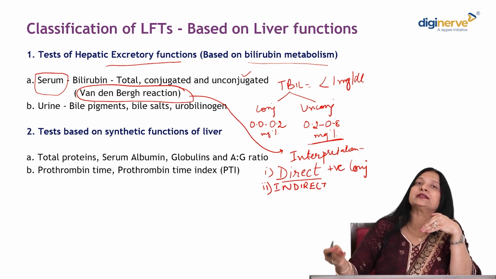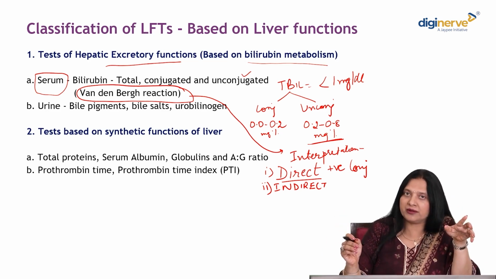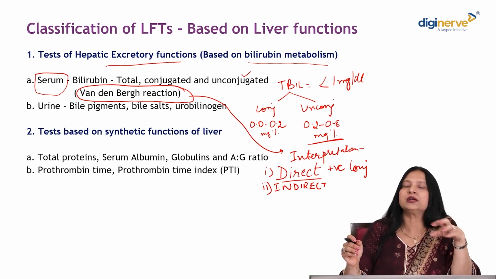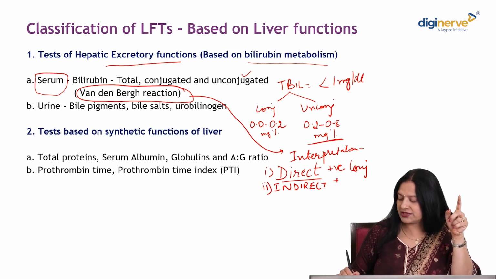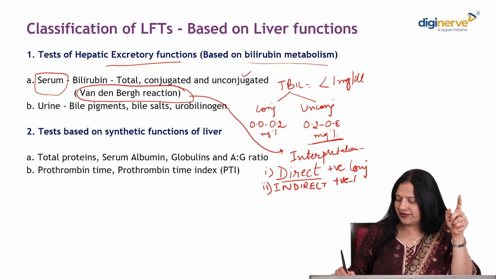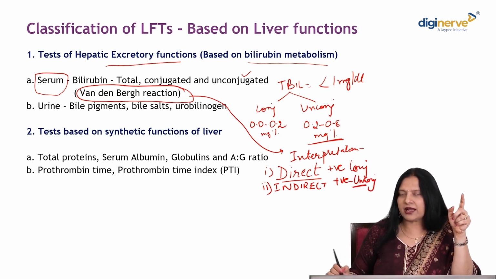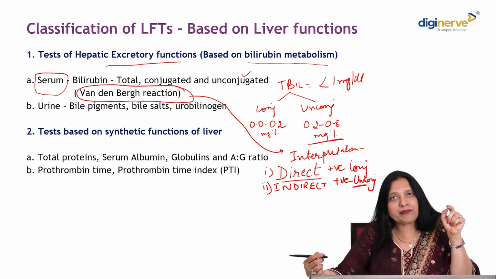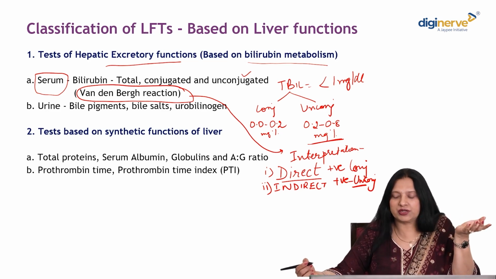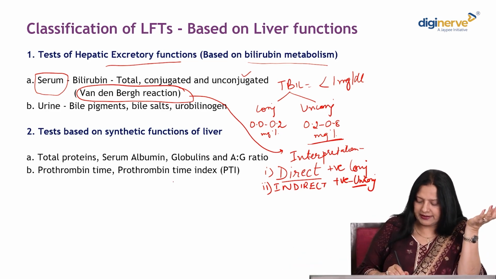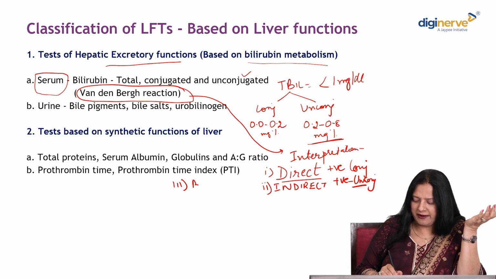So initially there was no color, but after adding alcohol, the color developed. This is known as indirect positive. Obviously this is given by the unconjugated bilirubin, which is mainly found in prehepatic or hemolytic jaundice.